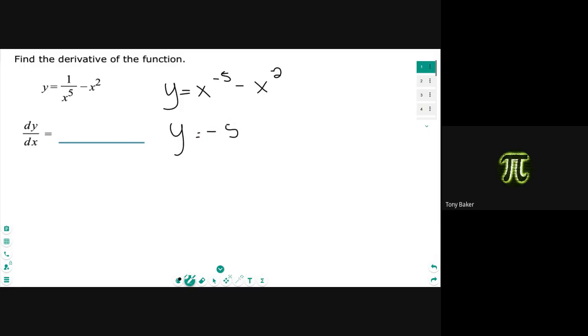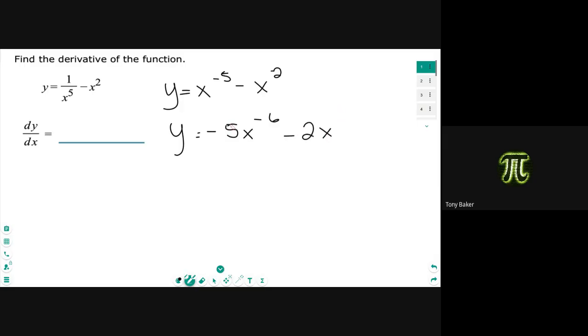So bring down the negative 5, and that goes to negative 6. That is the only thing to catch when you're doing these. A lot, keep in your mind that it's negative. So negative 5 minus 1 is negative 6, not negative 4. Minus 2x to the first, so just x.